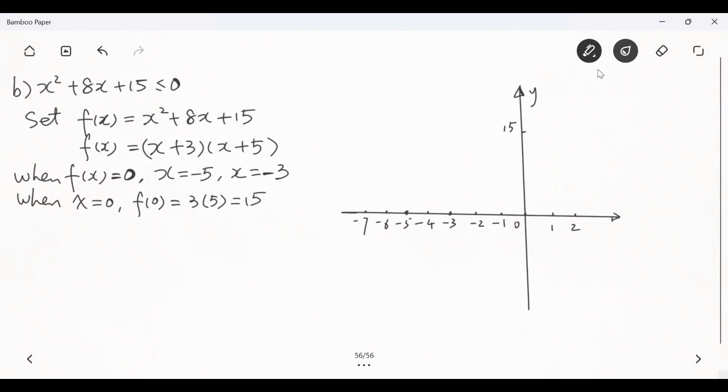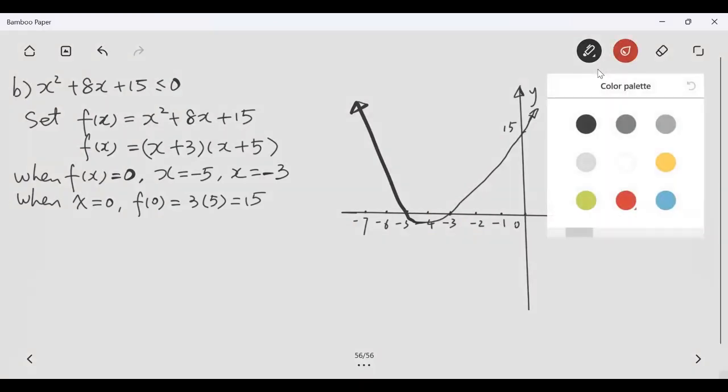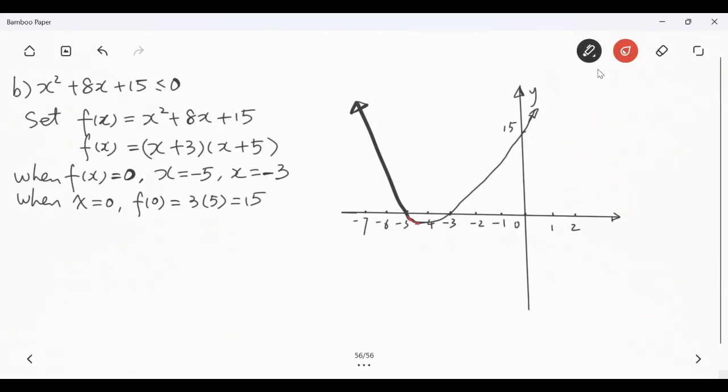So we connect the 3 points similar to that. Okay. Then we go back to check the inequality, less than or equal to 0. So that means the graph is below the x-axis like that.